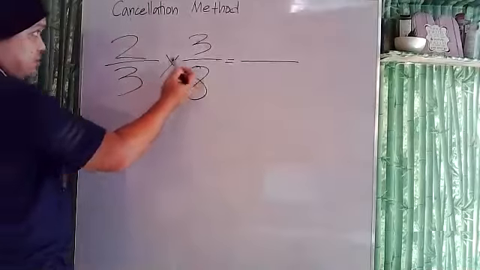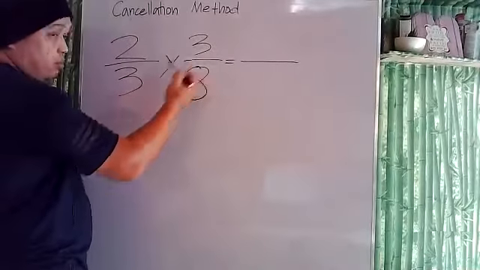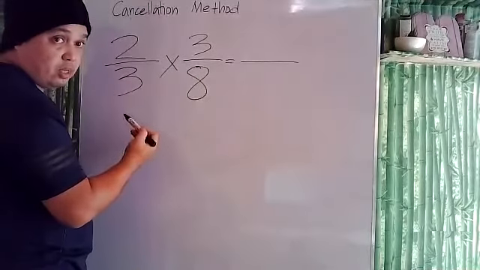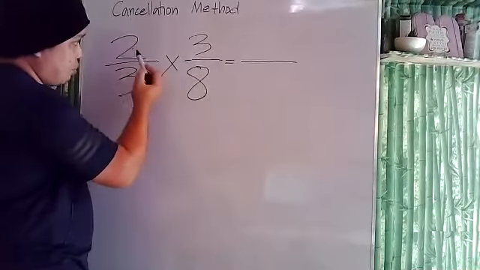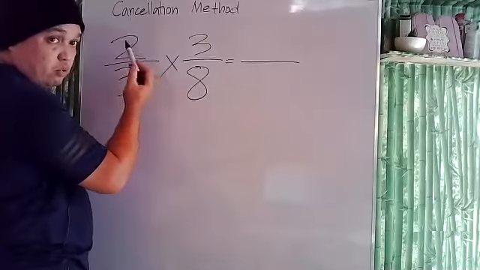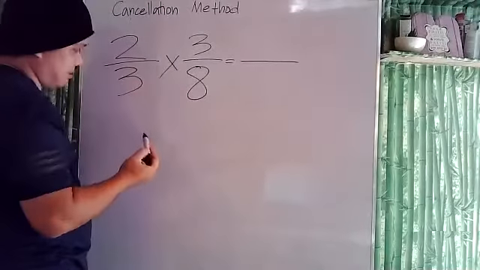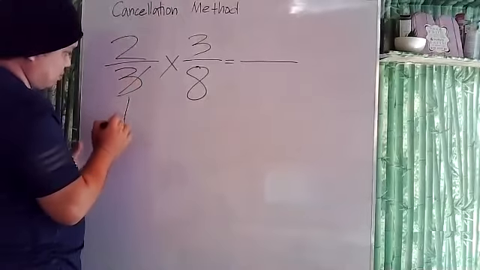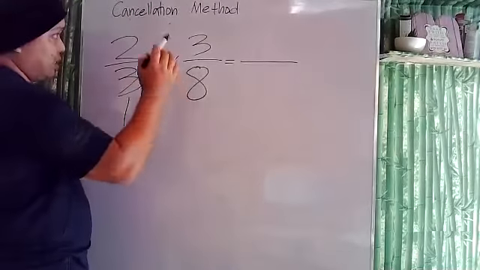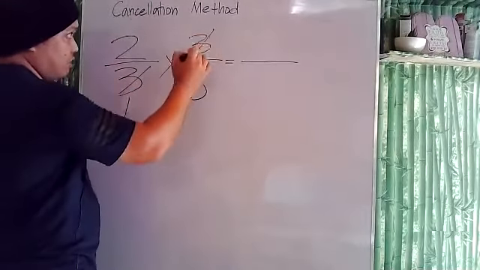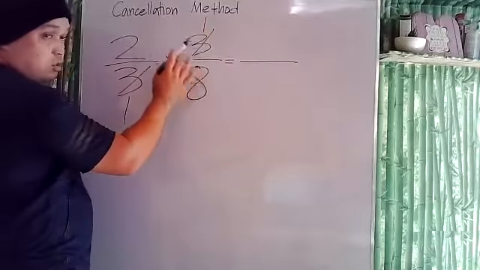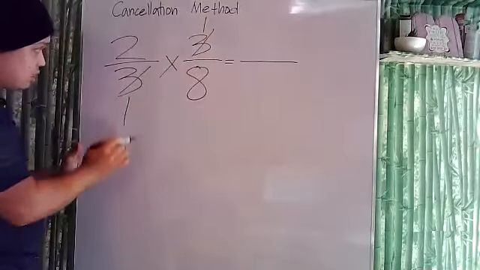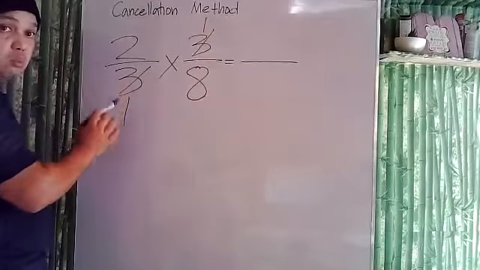Now the 3s here are both divisible by 3. You can divide them both by 3. And the 2 and 8 are both divisible by 2. So 3 divided by 3 is 1. The same here, 3 divided by 3 is 1. So 3 here is no longer 3 but 1. The same with this, 3 is no longer 3 but 1.